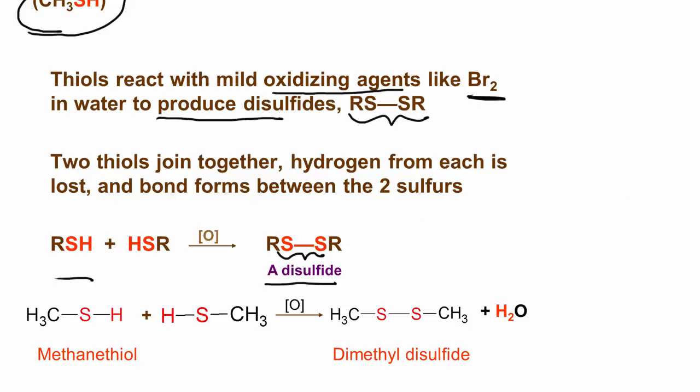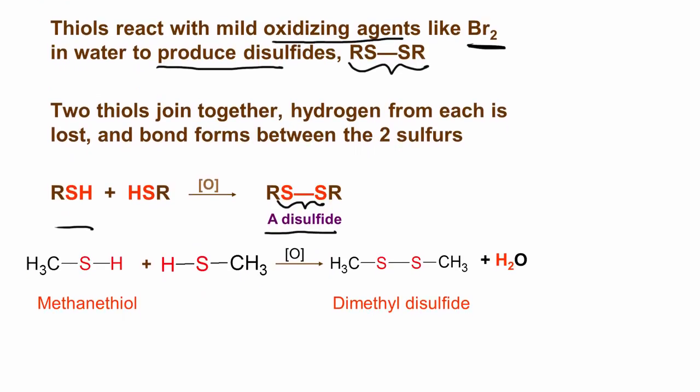So, for example, here we start off with 2 molecules of methanethiol, and again, a mild oxidizing agent. And what's going to happen is the hydrogen from each of the thiol molecules is lost.